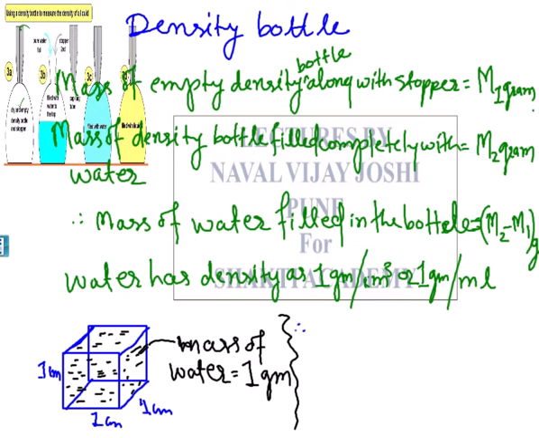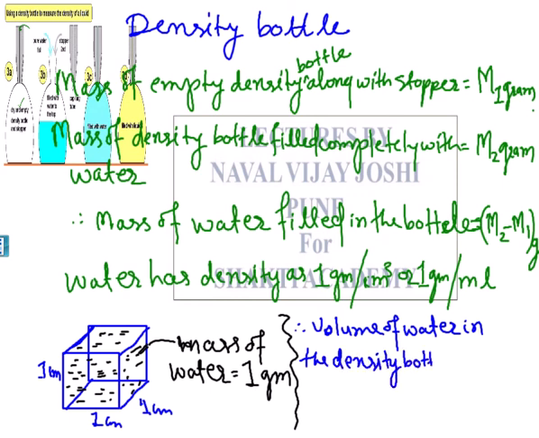Therefore, volume of water in the density bottle is equal to volume of the bottle itself, is equal to m2 minus m1.